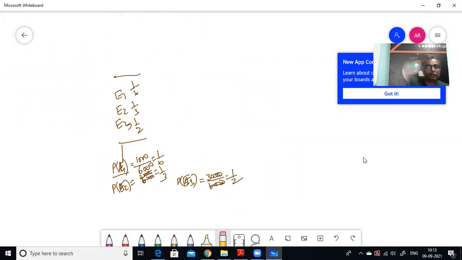Here E1 is 1 by 6, E2 is 1 by 3, E3 is half.